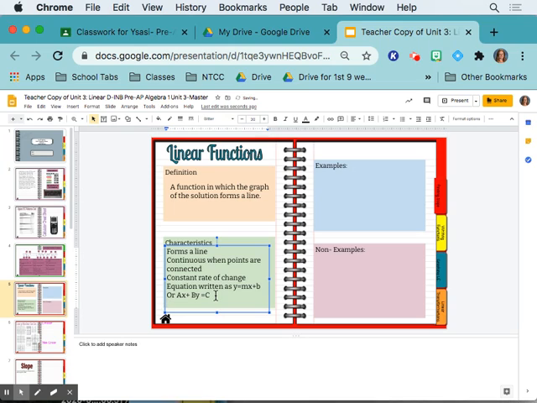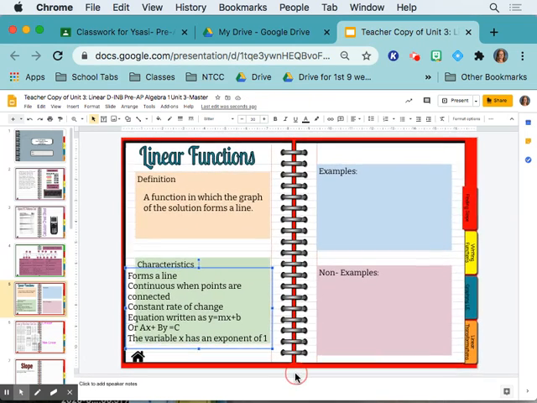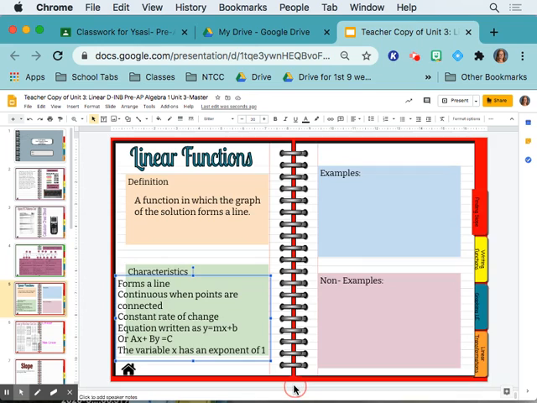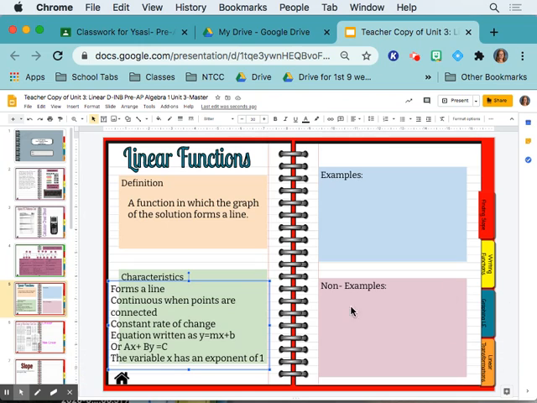And the last thing is the variable x has an exponent of 1. Can you see it? It kind of moves down whenever I make it bigger.